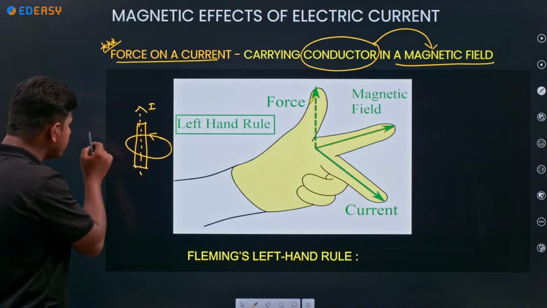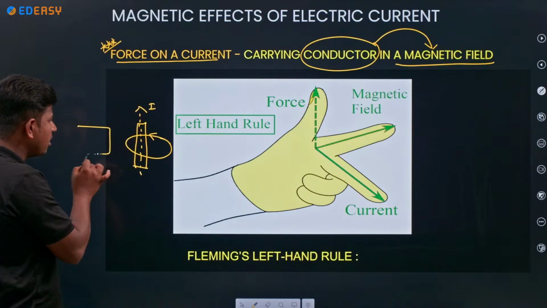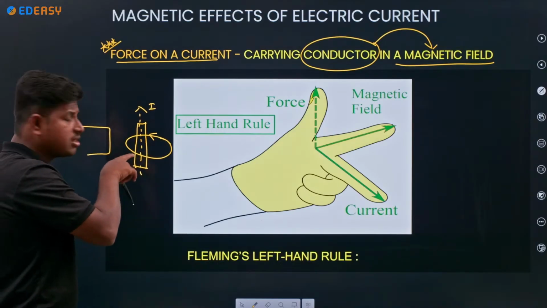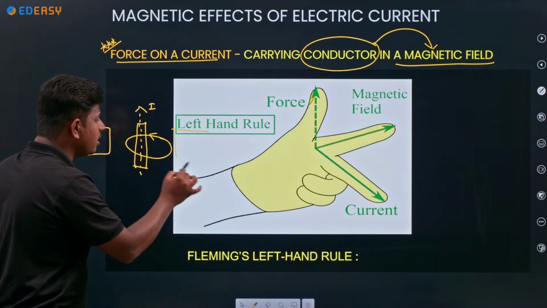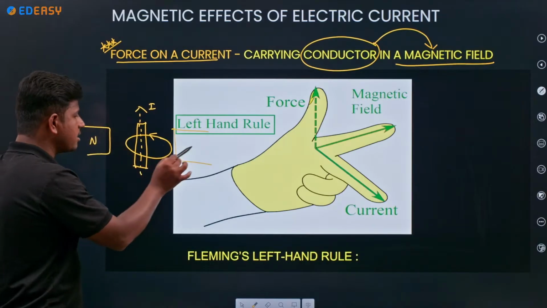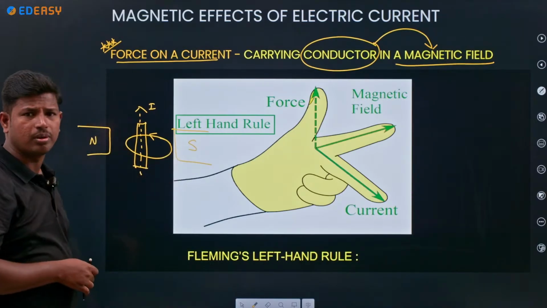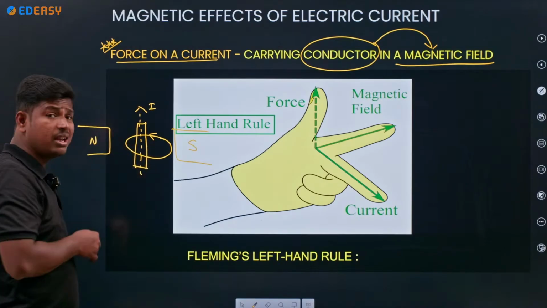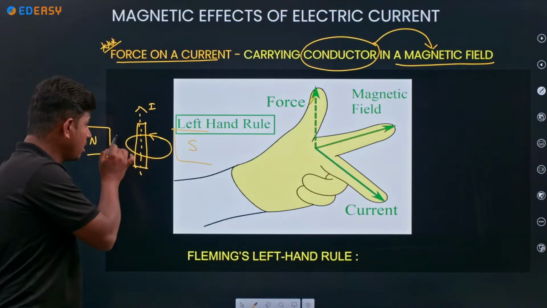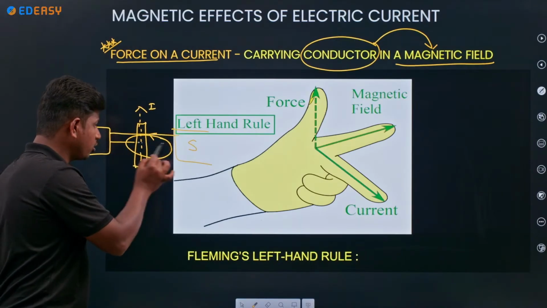All of this takes place in between magnets, so I am taking a north pole and a south pole. Outside the magnet, the field lines go from north pole to south pole.